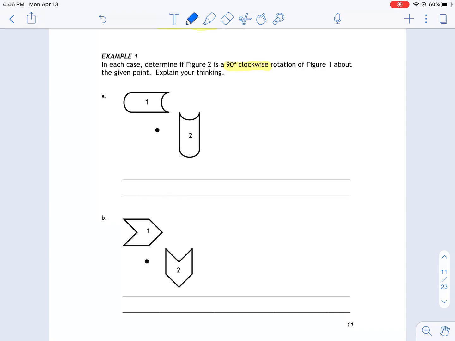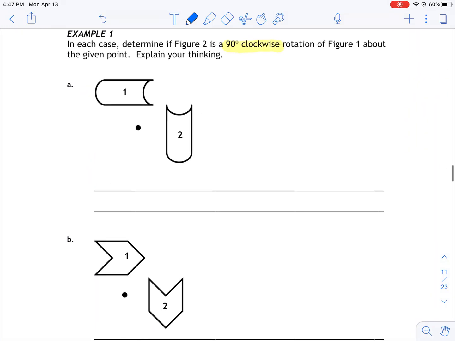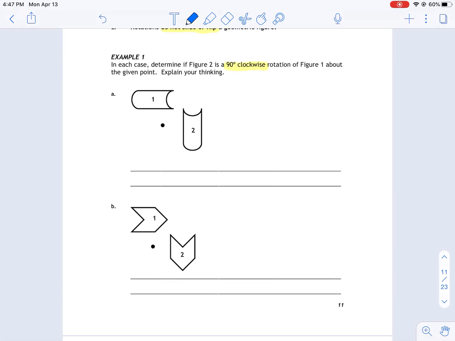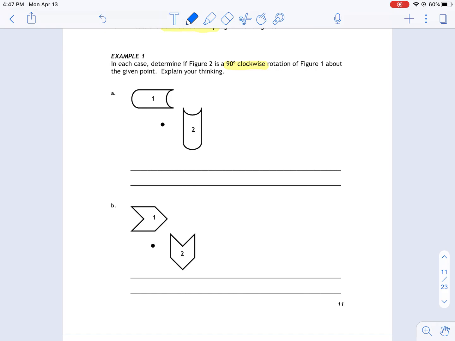If you actually took your iPad, as described in the other video, which I will reference a lot, especially for this topic and probably the final one, and spun your iPad, you would have realized that a 90-degree clockwise rotation would be figure B. This is the right one because the arrow is pointing in the right direction.